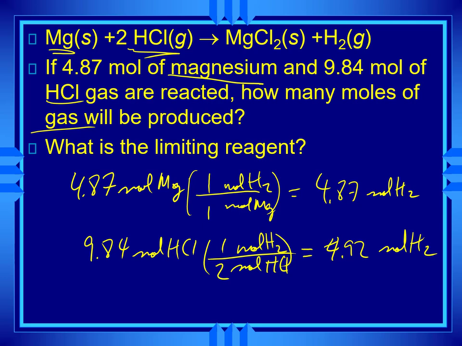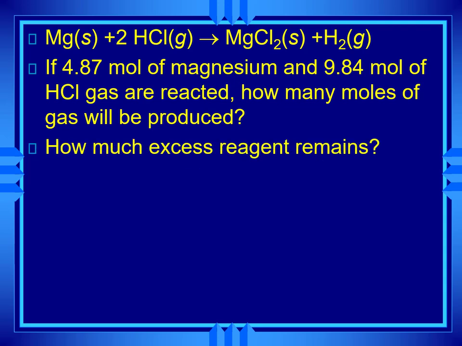What do I run out of? Well, which makes the smaller amount? The magnesium, right? So my limiting reagent is magnesium. And I'm going to make 4.87 moles of H2. How much excess remains?